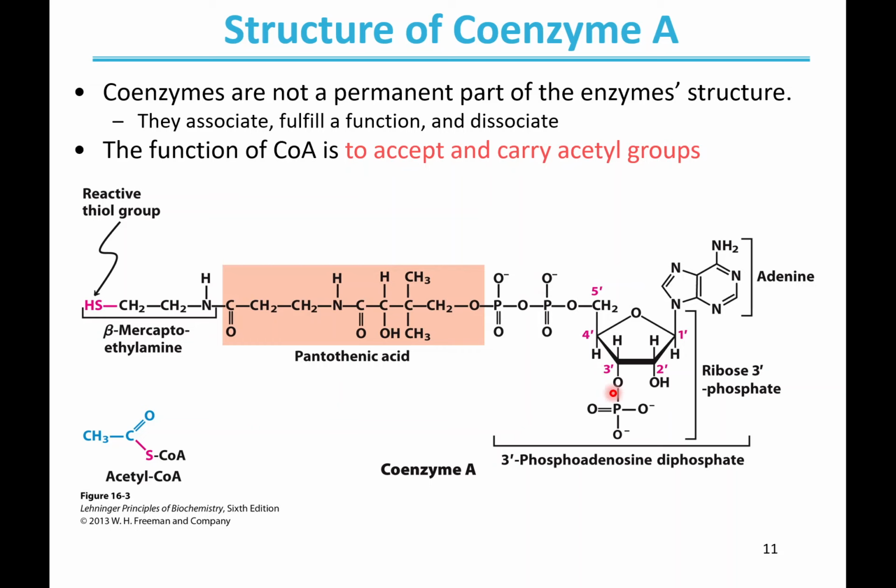That would be sort of like an ADP, right, with this extra phosphate group on the ribose. That's connected to what's known as pantothenic acid. Not really important that you know that structure. And then there's what's known as mercaptoethylamine. So you have a 2-carbon with an amine group, and the mercapto part means there's this sulfhydryl group, this thiol at the end.